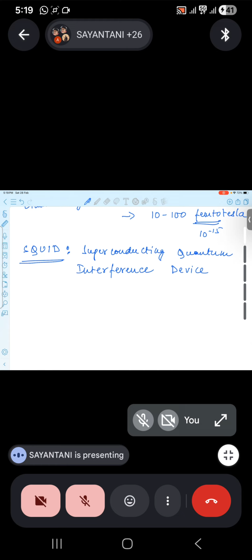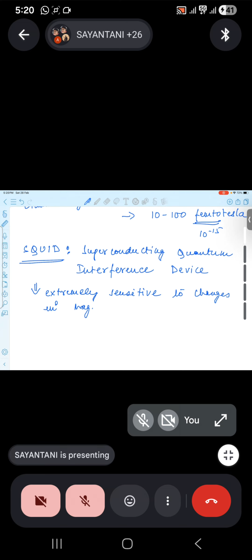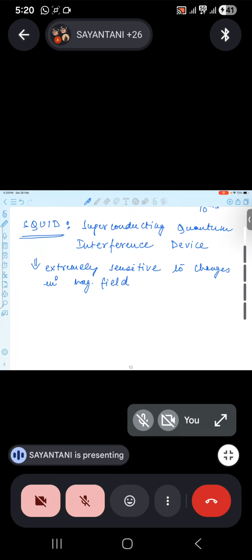They are extremely sensitive to changes in magnetic field. So the magnetic field is captured and converted into electrical signals, and that is your MEG data which you acquire.